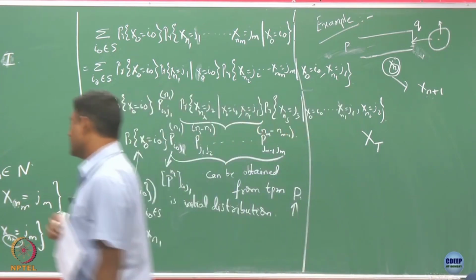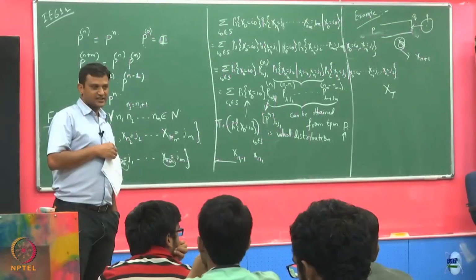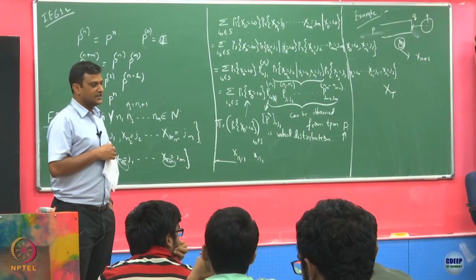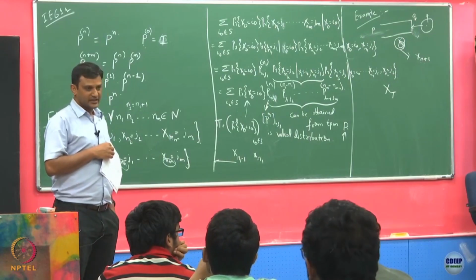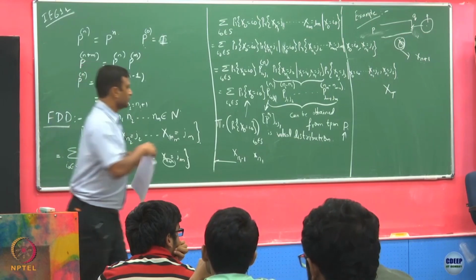So now the question is: the Markov property we have discussed so far, does it carry over to the case when I have such random times?